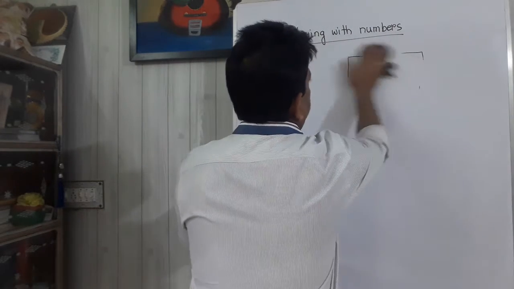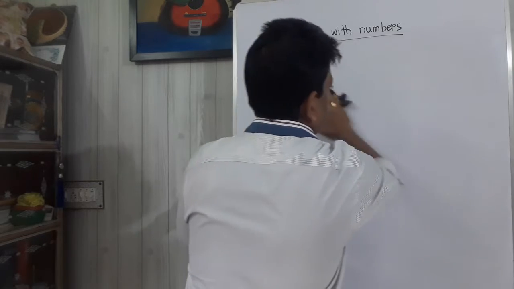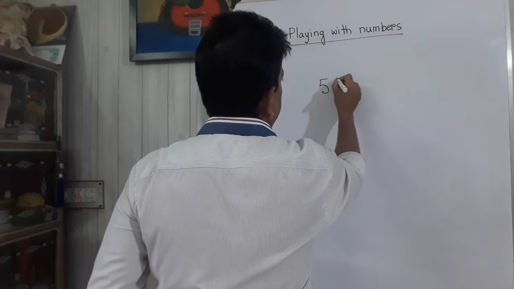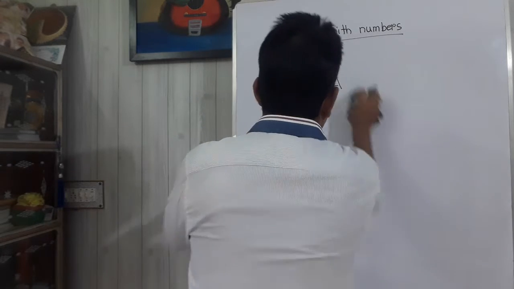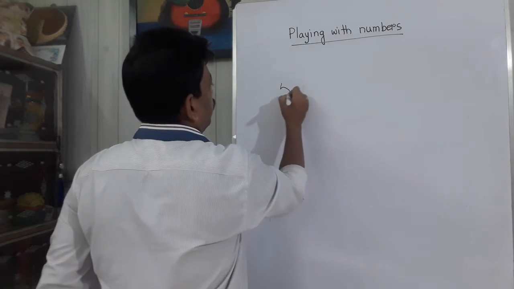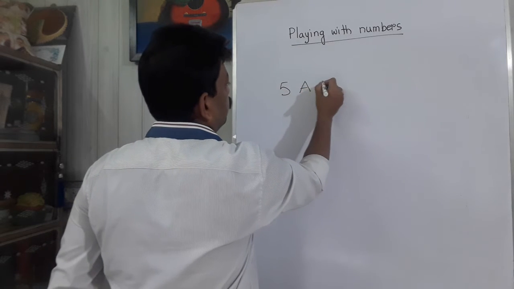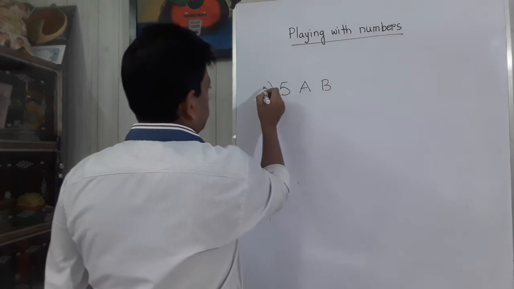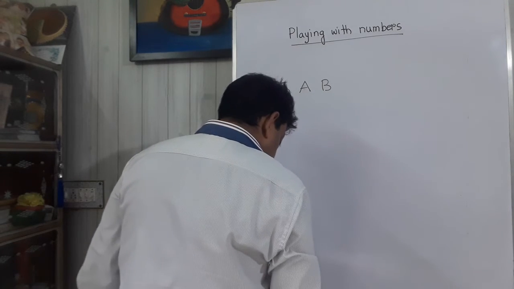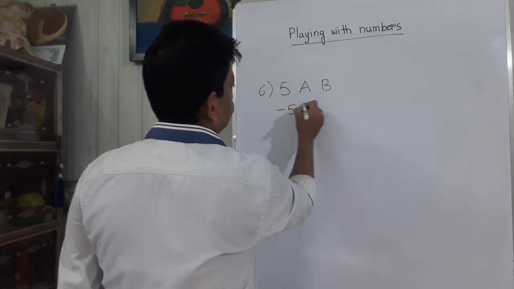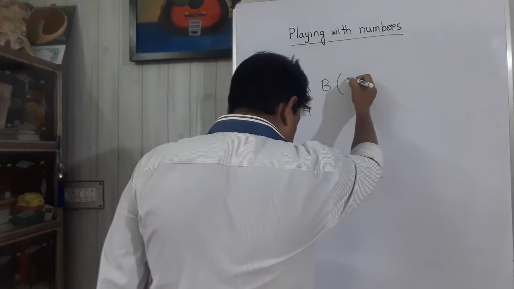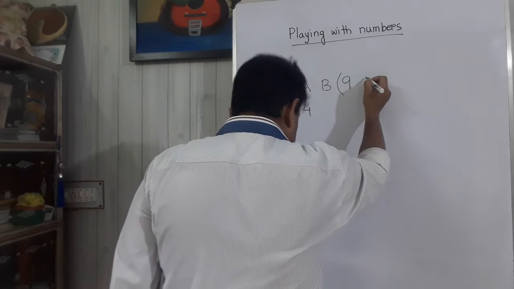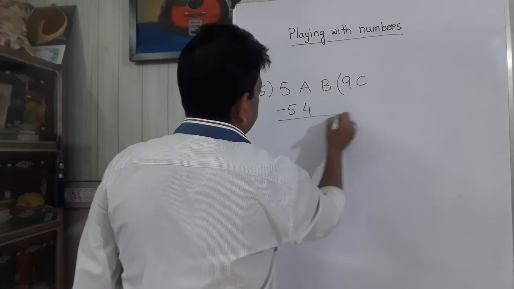Now let us do one sum from division. 5AB when divided by 6 gives 54 here, and the quotient is 9, and this is C, first step.